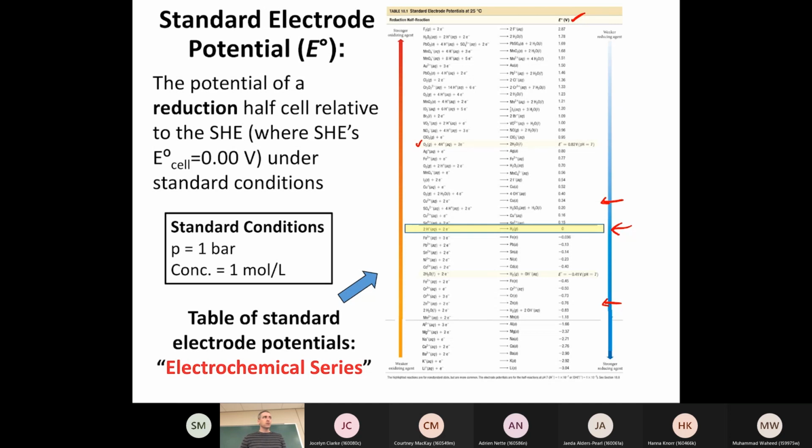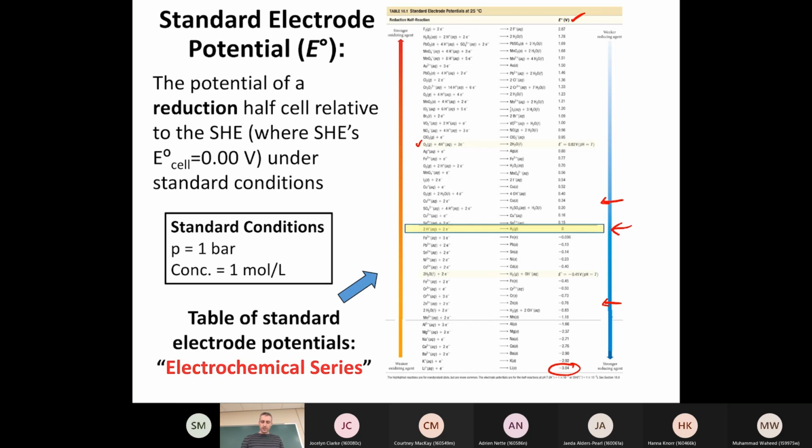So that reaction, lithium plus plus electron goes to lithium solid, would be strongly spontaneous in the reverse direction. So it has a negative value, negative 3.04. Notice the weakest oxidizer, the one that wants the most to not have that extra electron, has a half cell potential of negative 3.04.